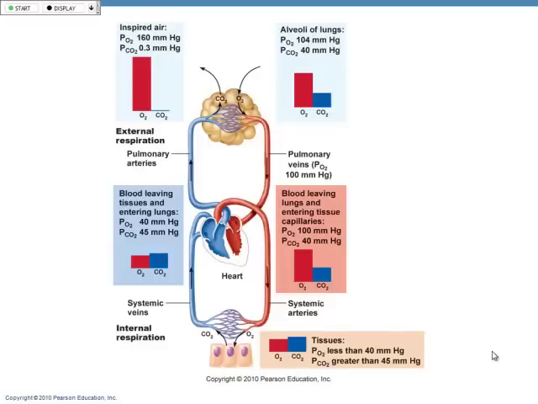Non-respiratory air movements. Coughing, sneezing, crying, laughing, hiccuping, and yawning all involve the respiratory system, but we don't do them because of respiration. They're going to help clean things out. Like, why do I cough? To get stuff out that maybe came in. Sneeze, same thing. Crying, well, I'm Italian, so I know all about that.